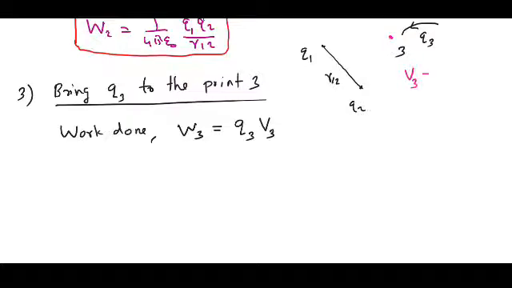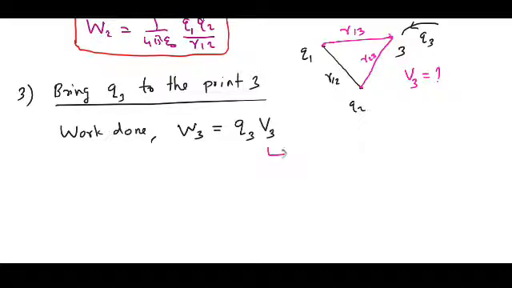At the point 3, Q1 will produce an electric potential. The distance from Q1 to point 3 is R13, and the charge Q2 also produces an electric potential at the point 3. The distance is R23.